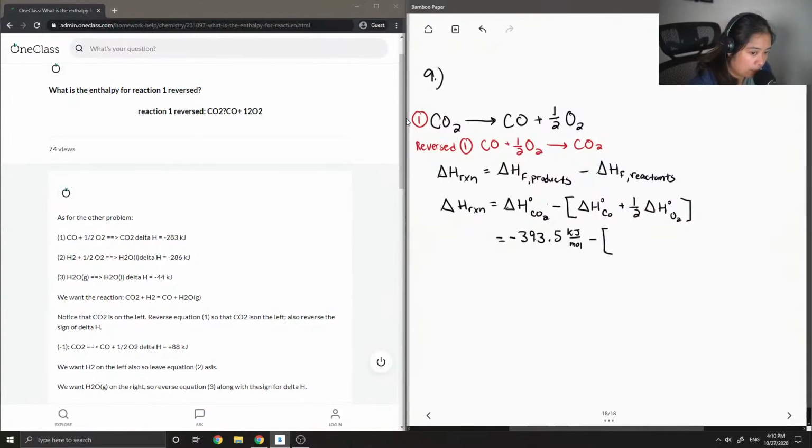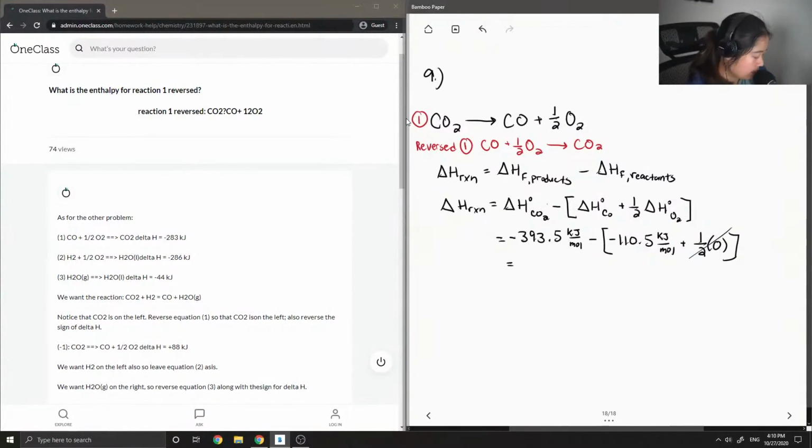For the delta H of carbon monoxide, its value is negative 110.5 kilojoules per mole. And then if you look at the delta H of an element such as oxygen, it's actually going to be 0. So that kind of just cancels itself out.